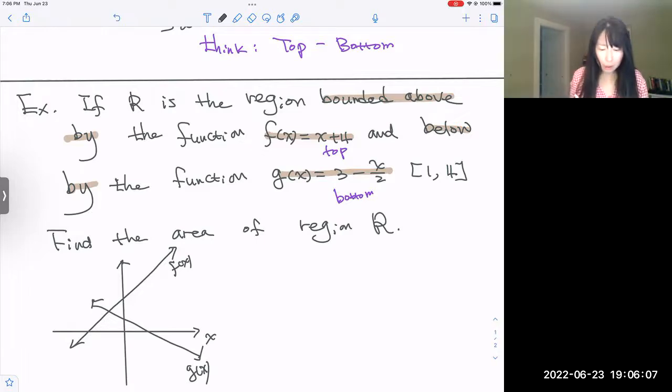So we're going to set it up. Look, top minus bottom curve.